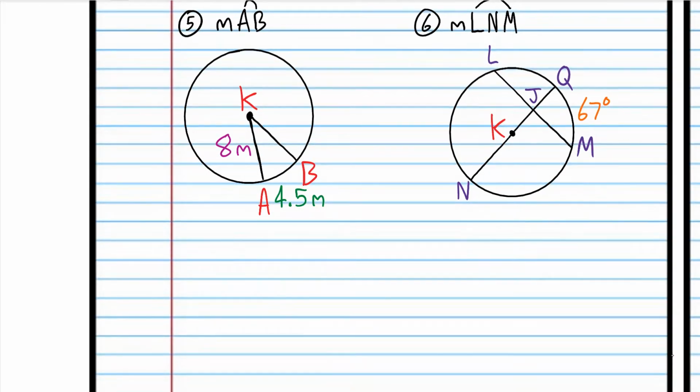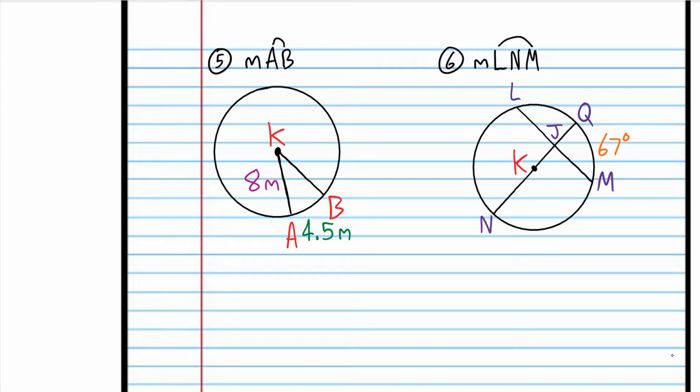We're given the arc length, so we're going to have to use the arc length formula. So the arc length of AB, the arc AB, is equal to the central angle divided by 360 times 2 pi r.